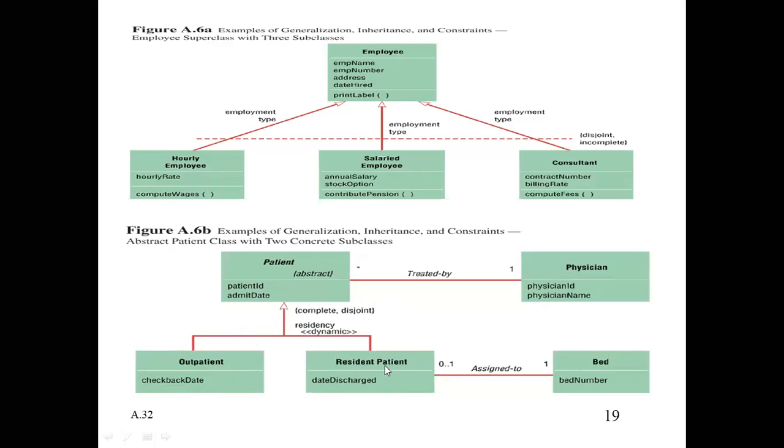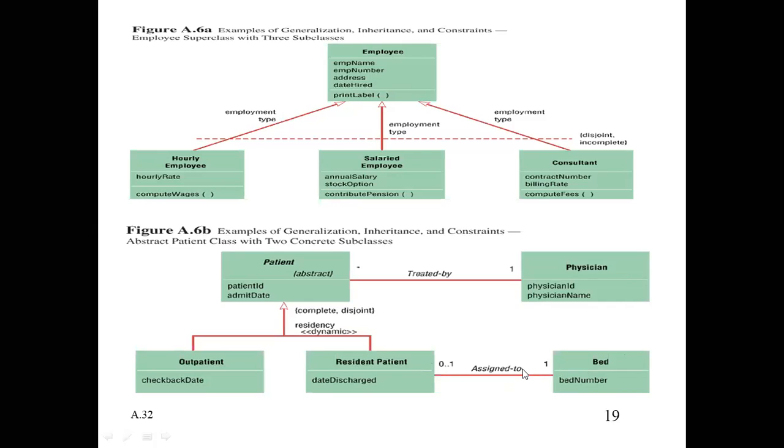The resident patient class has an association with the bed class, with multiplicity 0 to 1. Either a resident patient has 0 beds or 1 bed; a resident patient cannot have more than 1 bed.